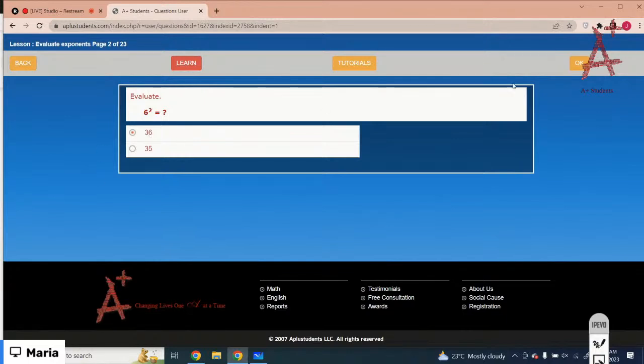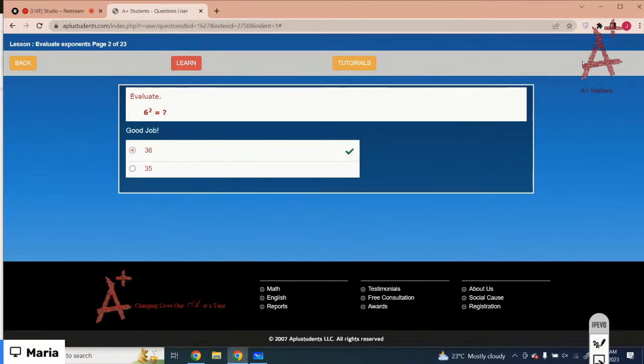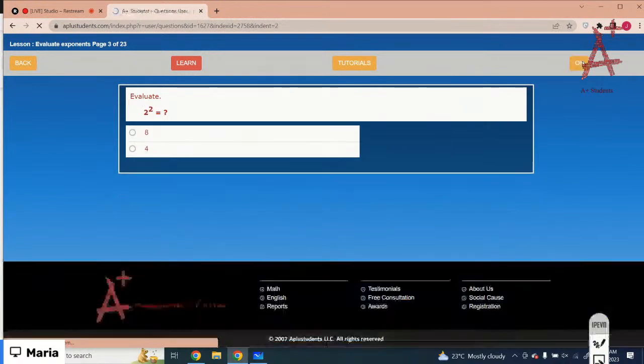Just select the correct option and click on the OK button. Okay, evaluate 2 square. So 2 square means you have to do 2 times 2 and 2 times 2 is 4. Got it? The correct option is 4.